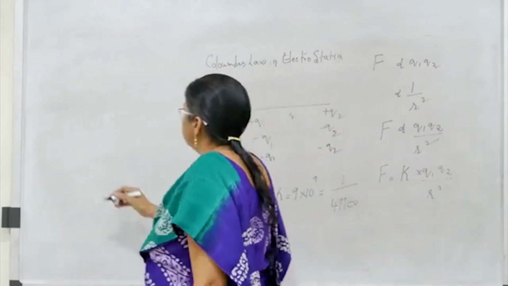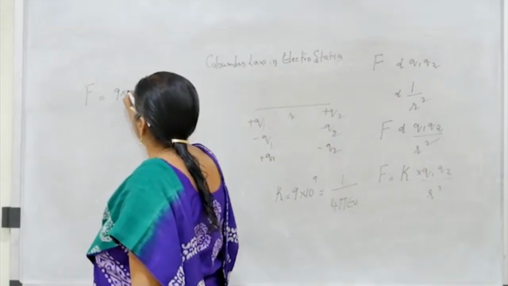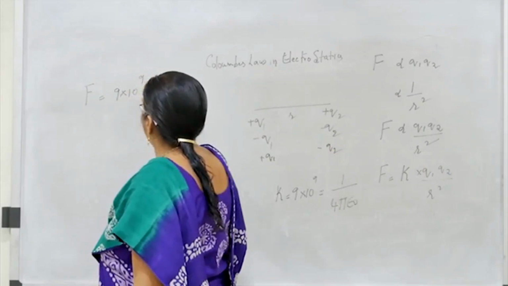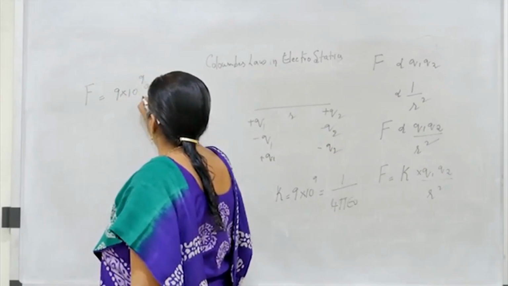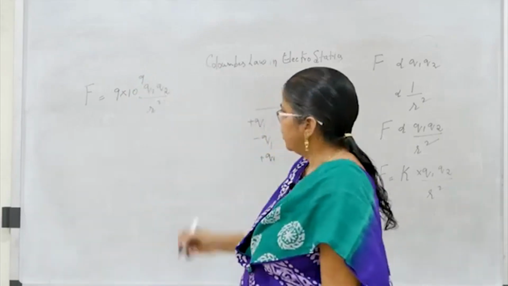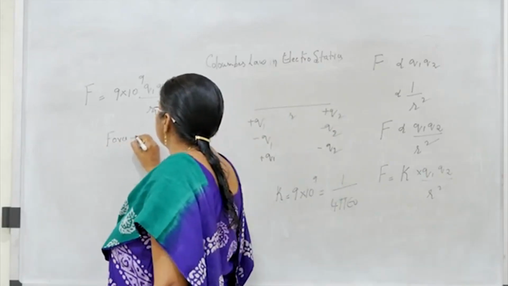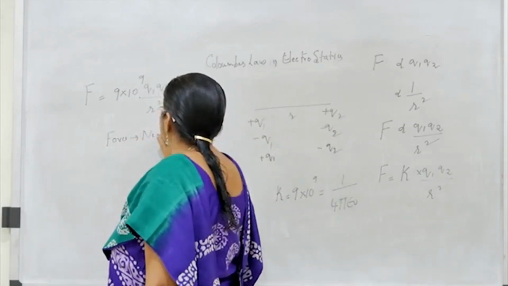So if I substitute, F is equal to, in place of k, 9 into 10 power 9 q1 q2 by r square. So the unit of force is newtons.